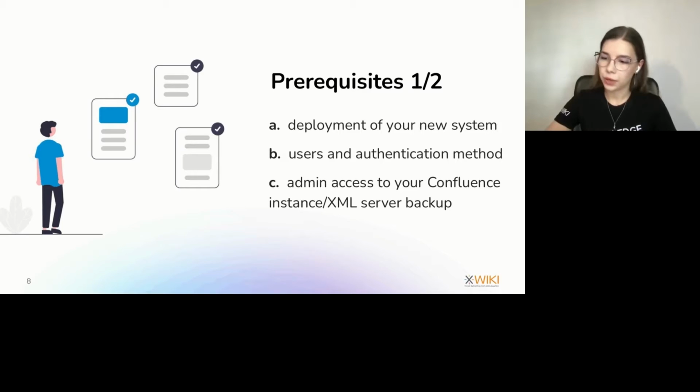We see a lot of use cases where either the customer had one authentication system on Confluence and they would like to set up a new authentication system in XWiki, or they had Confluence basic authentication and they would like to set up an LDAP or an SSO system. So all of that is possible. We would just advise that this is considered from the beginning, so that a decision is made beforehand and the system is set in place before starting the migration, so something that can be tested and improved in this regard.